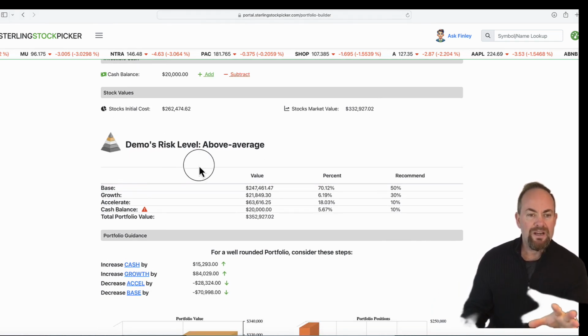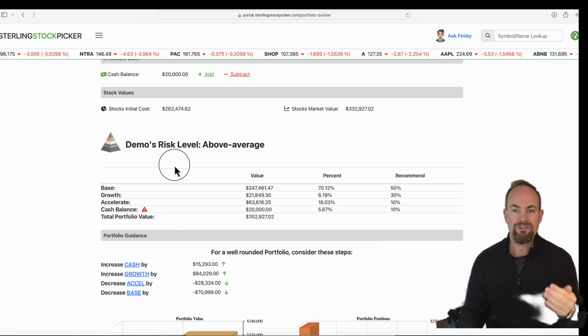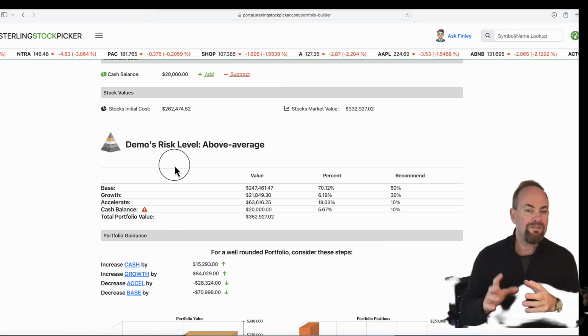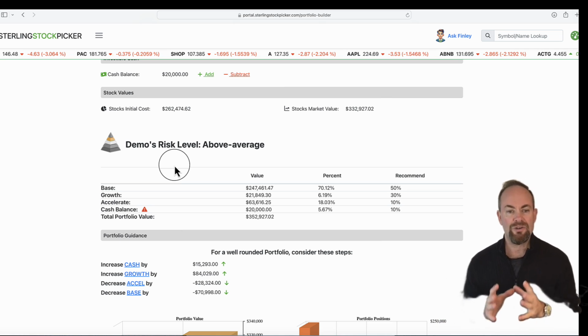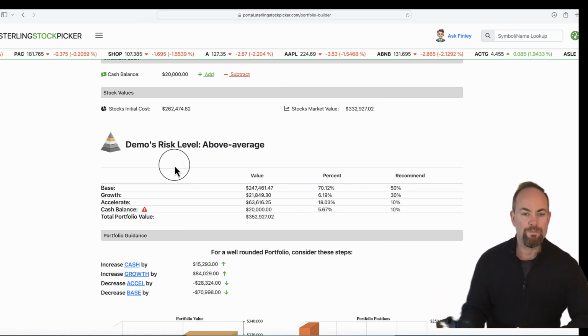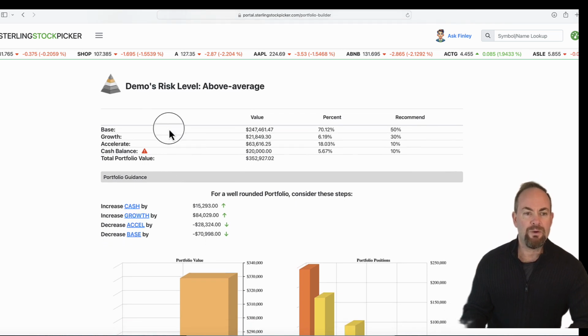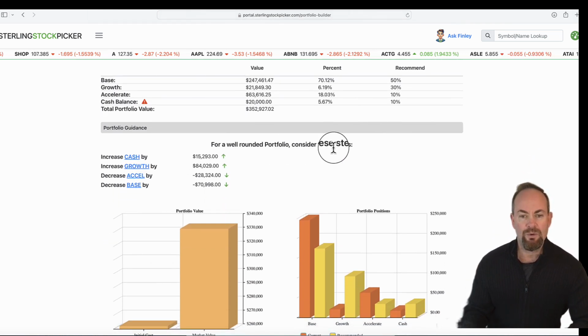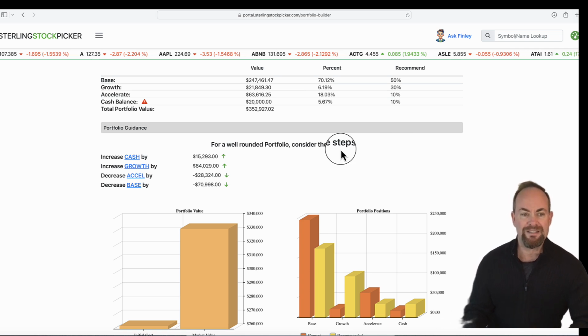So once you're here and you have stocks inputted into your portfolio and you have cost basis information, it will then, based on your risk tolerance, make recommendations for you. So in this particular portfolio, it says here, for a well-rounded portfolio, consider these steps.